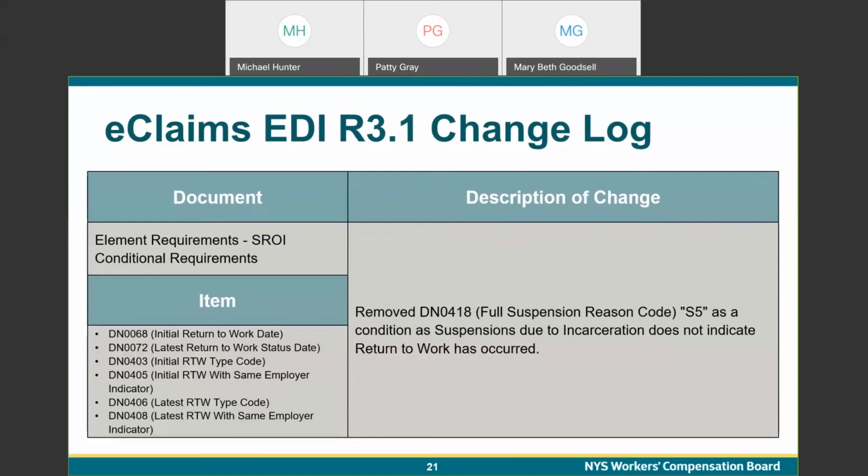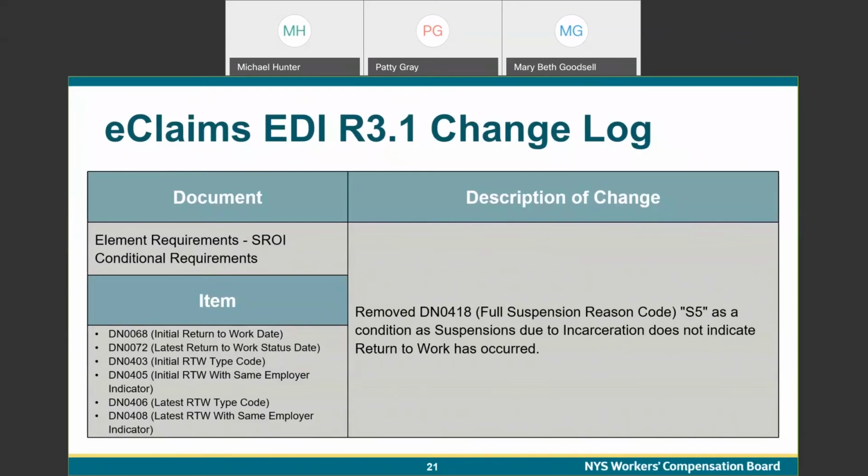On the Schroy conditional requirements, for DN68 initial return to work date, DN72 latest return to work status date, DN403 initial return to work type code, DN405 initial return to work with same employer indicator, DN406 latest return to work type code, and lastly DN408 latest return to work with same employer indicator, we removed DN418, full suspension reason code of S5, as a condition.